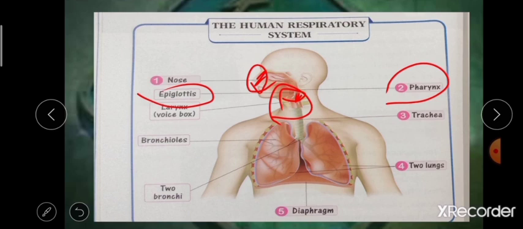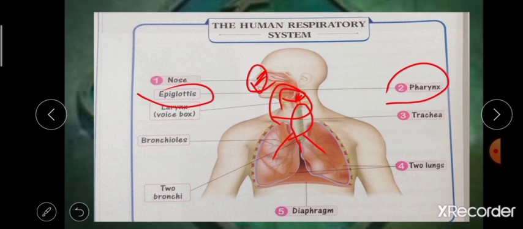The trachea is supported by incomplete cartilaginous rings to keep it open all the time, and it is also lined with tiny hair called cilia. And this trachea divided into two tubes, each one called a bronchus.